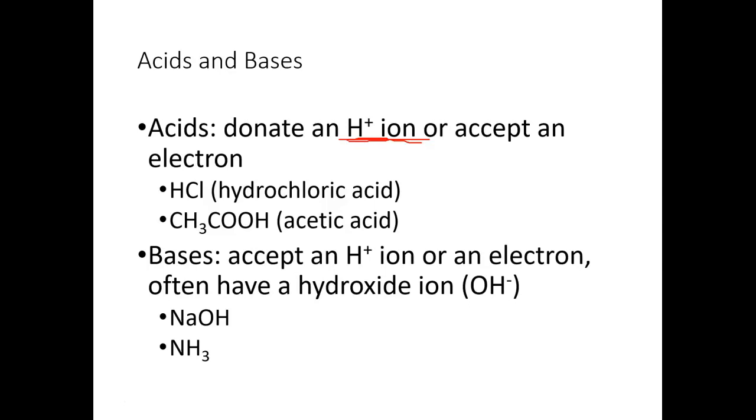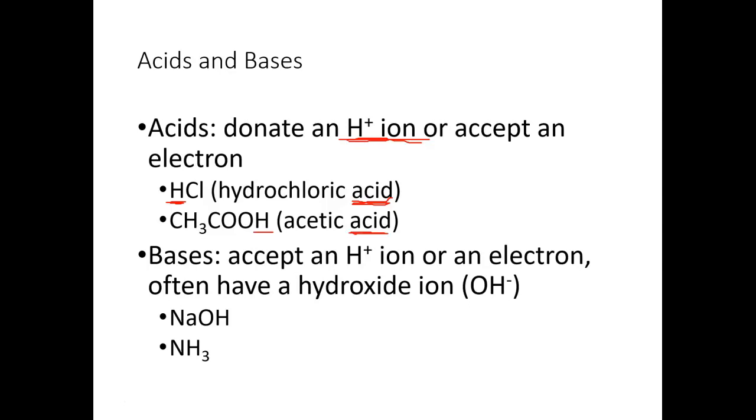So things like hydrochloric acid, acetic acid. Another key if you're talking about the name of an acid is that it has the word acid in the name. So that can kind of help you. Most acids also have the H first in the formula. Occasionally it will be last, but most of the time it's going to be first in your formula.